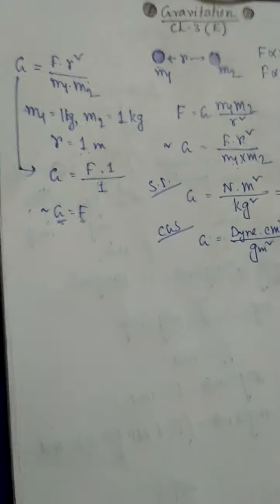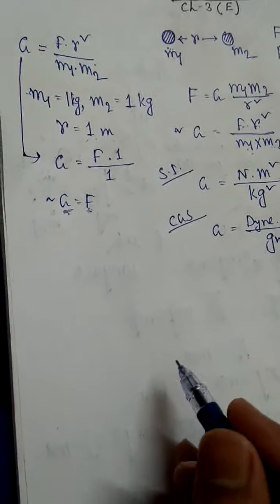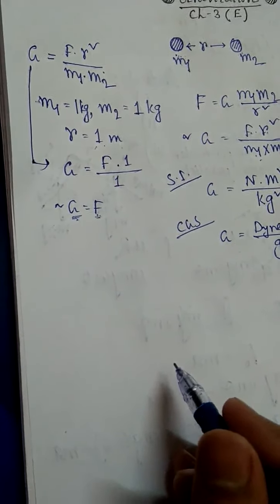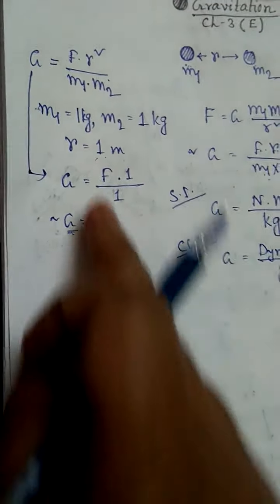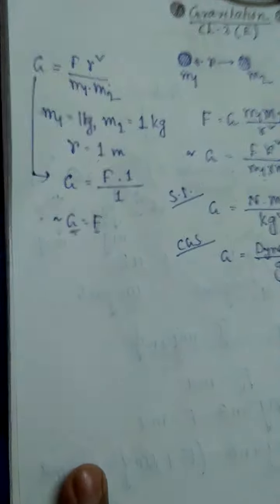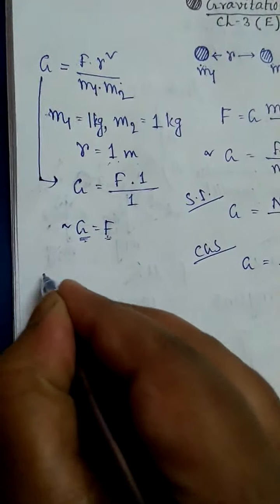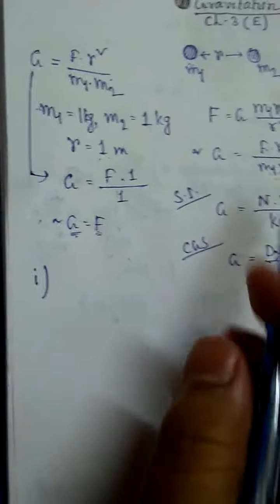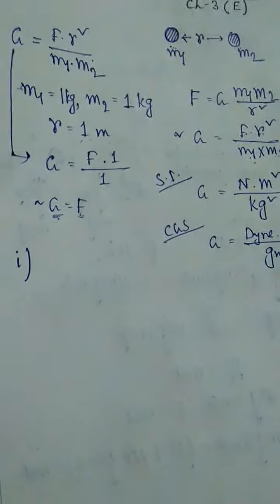Now let us know about the characteristics of the force. That means what is the character of this gravitational force. First of all, point number 1: this force is always attractive.